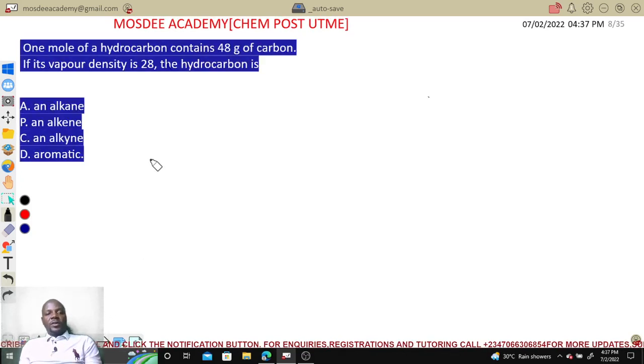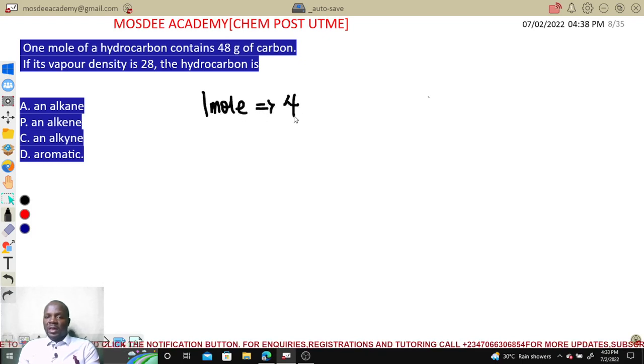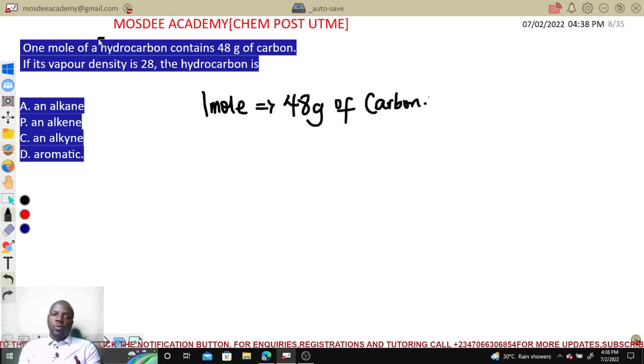The next question says 1 mole of hydrocarbon contains 48 grams of carbon. We can put in writing that a mole of a substance is the same thing as its molar mass. So 1 mole contains 48 g of carbon. By definition, what we need is to know what a hydrocarbon is. First thing, a hydrocarbon is basically a substance that contains carbon and hydrogen.